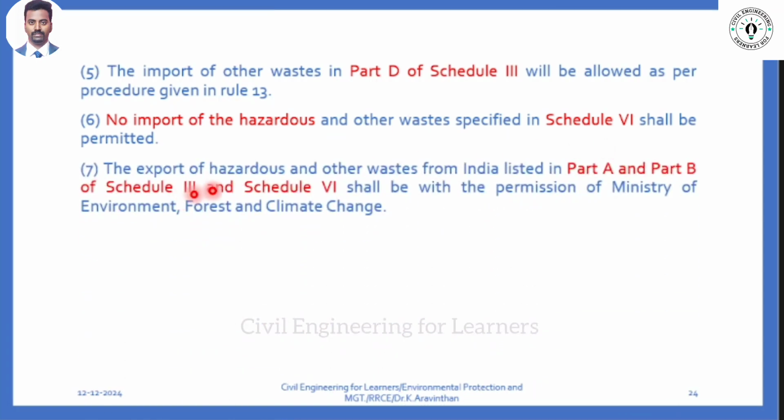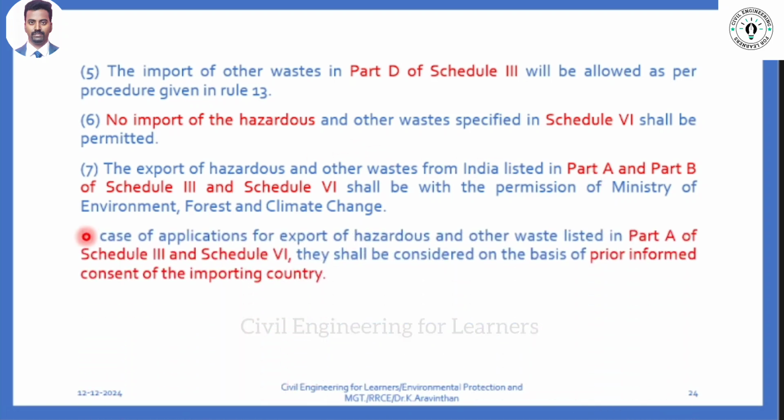The export of hazardous waste or other waste listed in India under Part A, Part B of Schedule 3 and Schedule 6 shall be permitted only if you get consent from the Ministry of Environment and Forest. So this consent is required. Obviously, Schedule 6 hazardous waste should not be transported from one country to another.